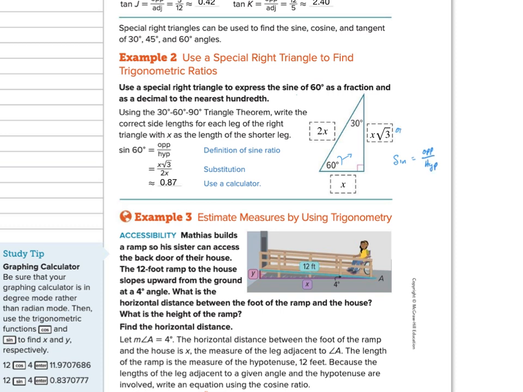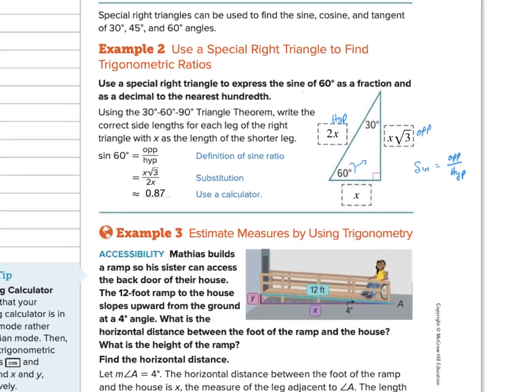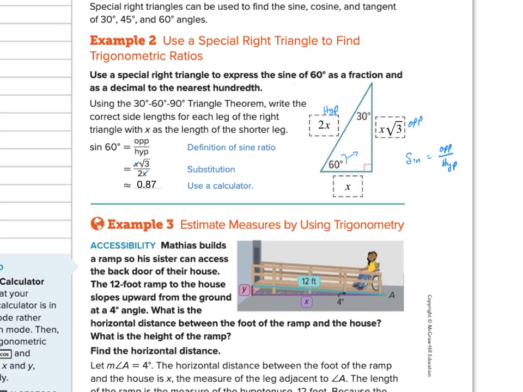This would be the opposite side, this would be the hypotenuse. So you would simply have the opposite side, x square root of 3, over 2x, and when you simplify that, remember x divided by x becomes 1, so that is just the square root of 3 over 2. And when you put that into the calculator, you're going to get approximately 0.87 as the value of the ratio of those two sides.